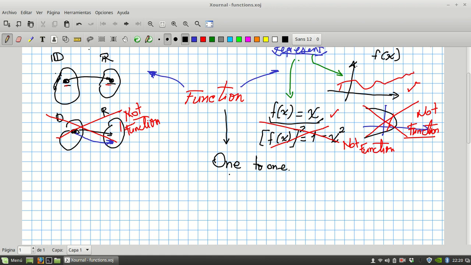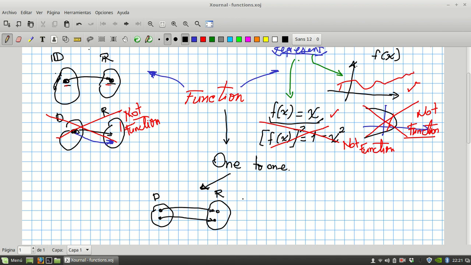We call it one-to-one because for one element of the range corresponds one element of the domain. Okay? It may seem kind of the same as the definition of a function, but we're going to see why it's different.